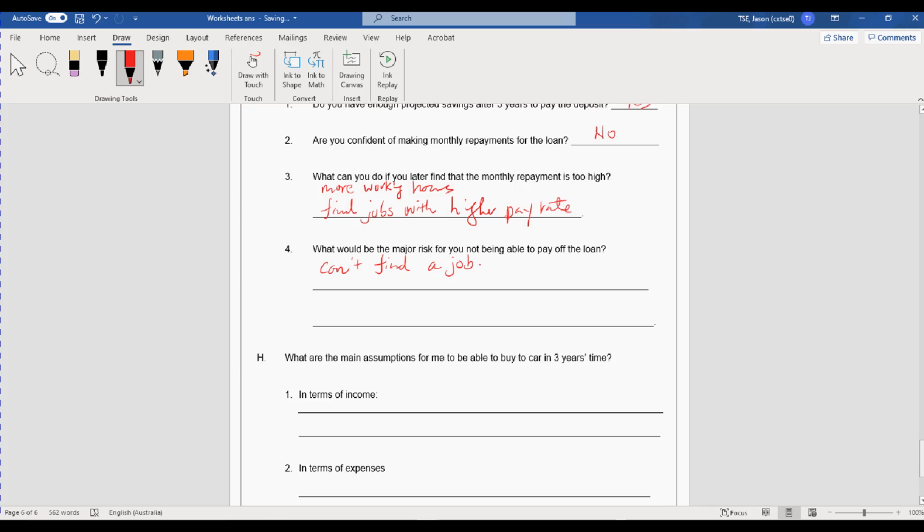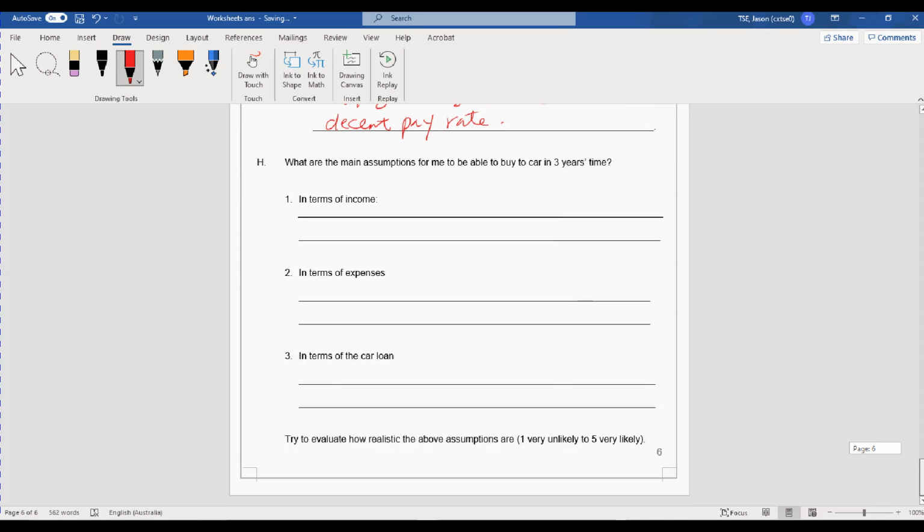Or you can find a job, but the pay is not good enough, so you can't get enough working hours or a decent pay rate. So things like this.